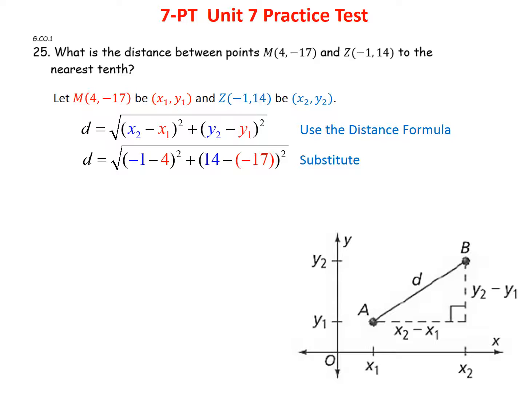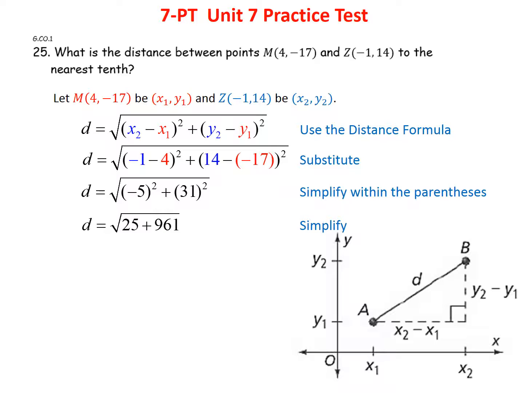So I can change any subtraction to adding, but then I'm adding the opposite. What's the opposite of negative 17? Positive 17. So you end up with 14 plus 17. So we end up here with negative 5 and 31 squared.